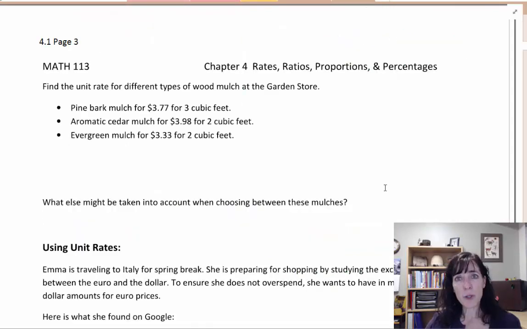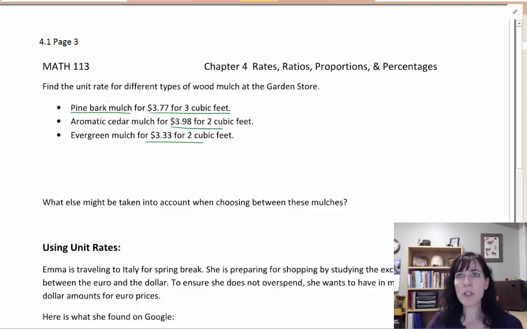So if you're at the garden store and you're trying to figure out which type of mulch you want to purchase for your garden, you might want to buy pine bark mulch for $3.77 for 3 cubic feet. You could also choose aromatic cedar mulch for $3.98 for 2 cubic feet, or evergreen mulch for $3.33 for 2 cubic feet.